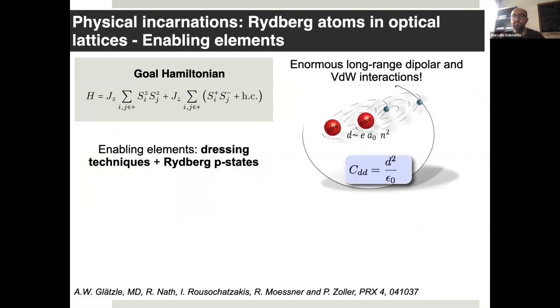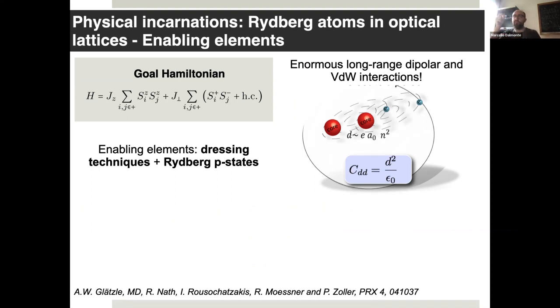What we did was utilize the Rydberg states. So what are Rydberg states? If you take an alkali atom and excite it such that its principal quantum number is large, of order 50 to 100, then to a first approximation your atom is essentially a nucleus with positive charge and a single electron at a large distance.